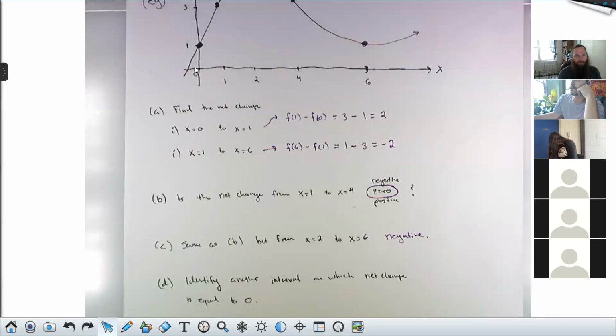If I tell you, look at the graph where x is equal to 0, there's only this one point. There is no other point above or below that you could confuse it for. So when I say, look at the graph when x is equal to 0, you know I'm talking about this point. When I say look at the graph for x is equal to 6, you know I'm talking about this point and only this point. So yeah, from 0 to 6.